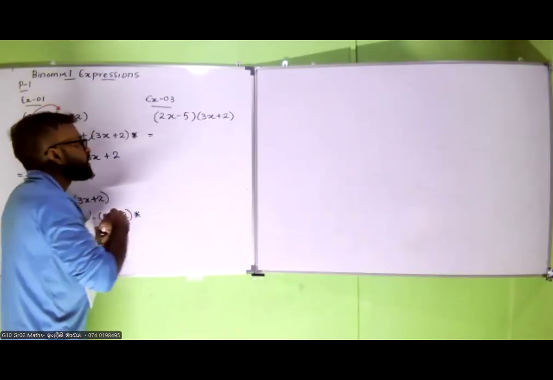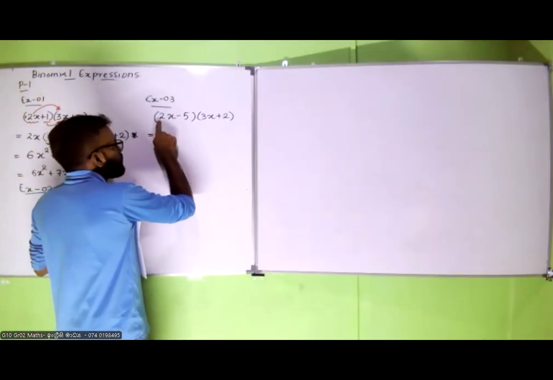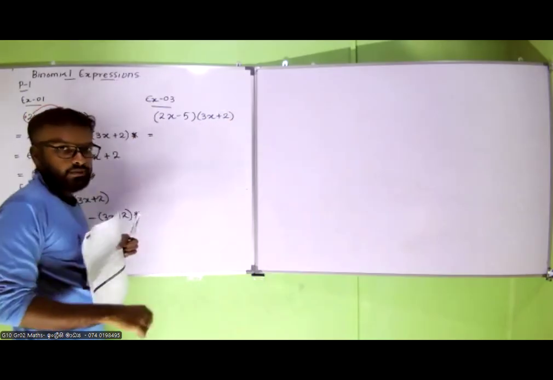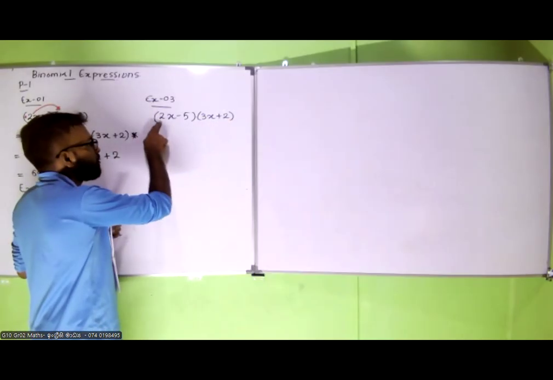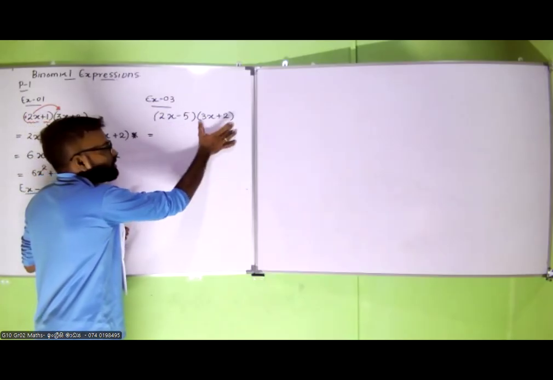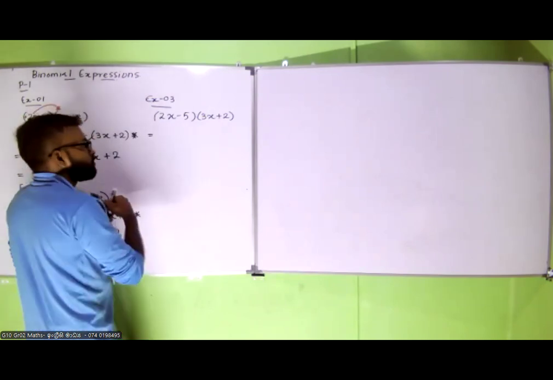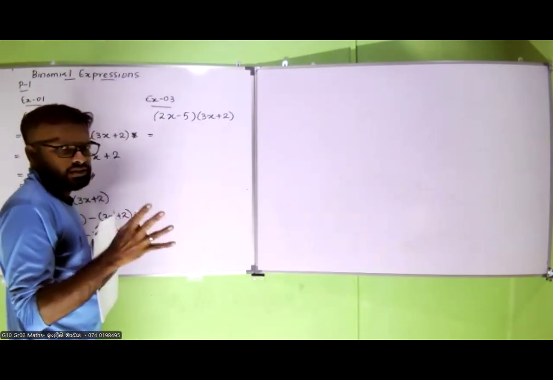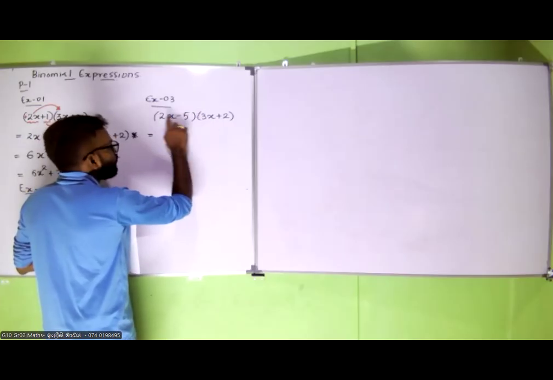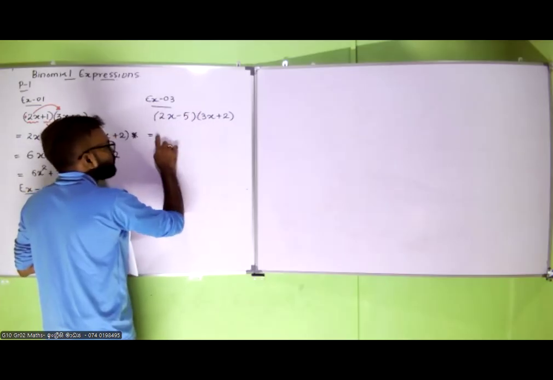First of all, I have to finish the job with this 2x and this term. First I am going to deal with the signs: positive, positive, positive into positive, positive.